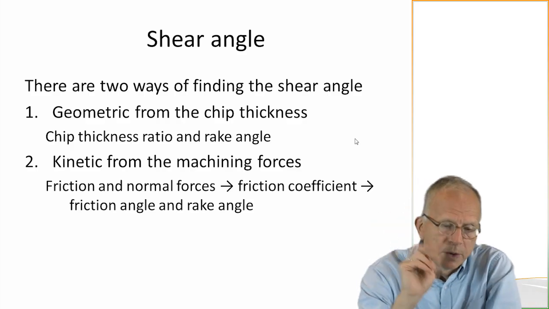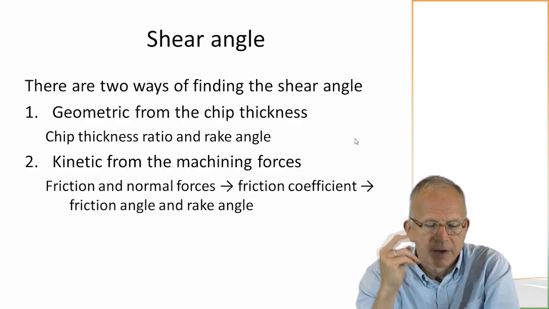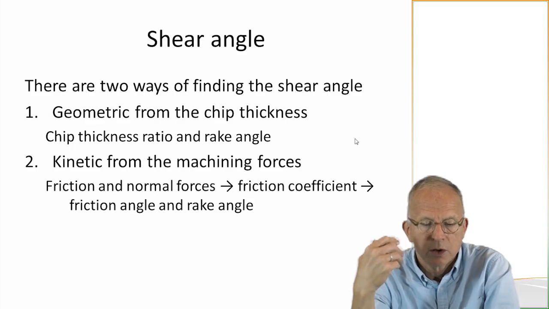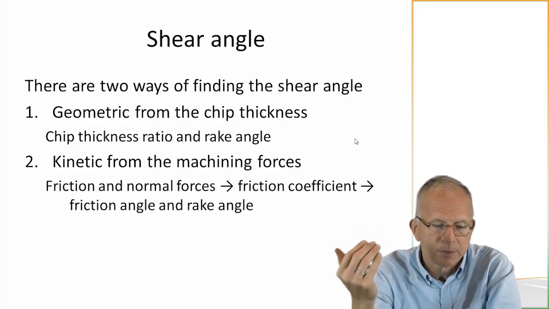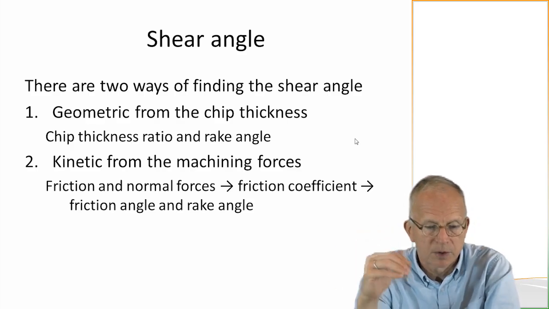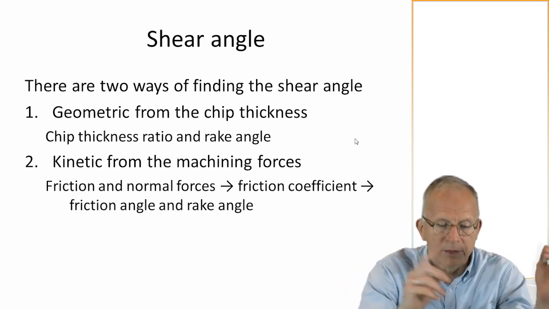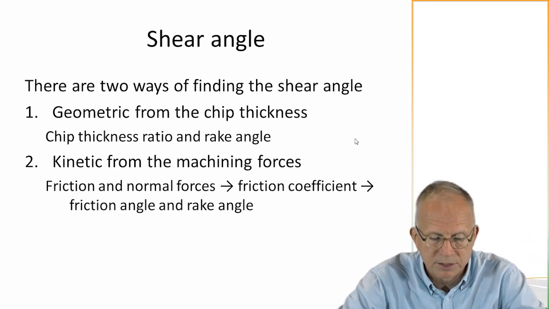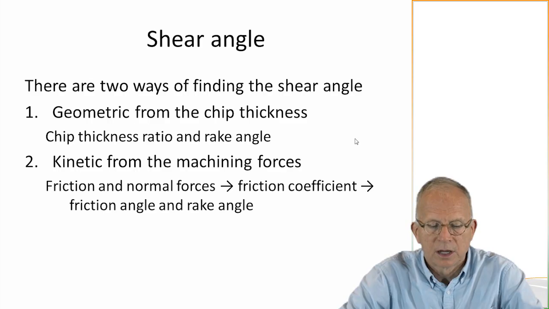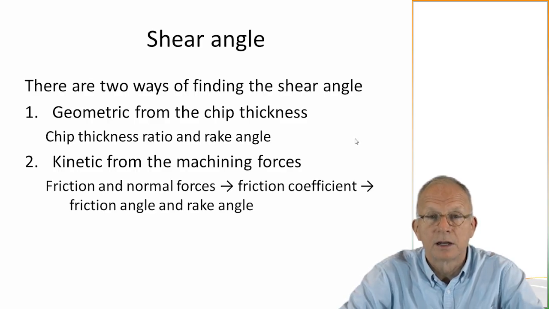So I've explained two ways of finding the shear angle. One is geometric from the chip thickness, using the chip thickness ratio and the rake angle. The other is kinetic from the machining forces, using friction and normal forces to get the friction coefficient, then getting the friction angle and the rake angle.